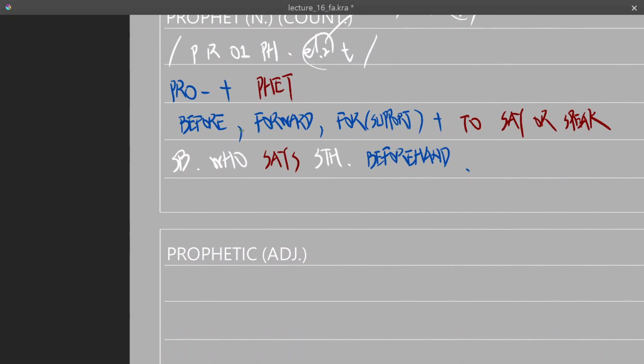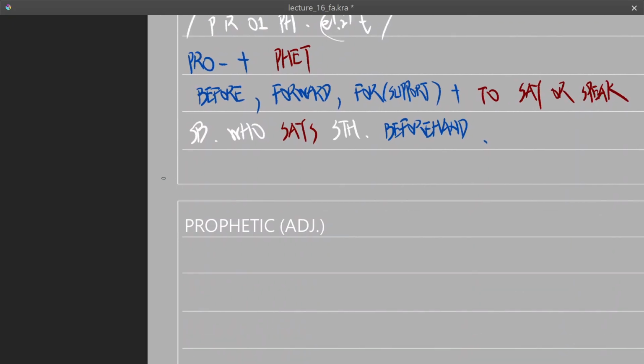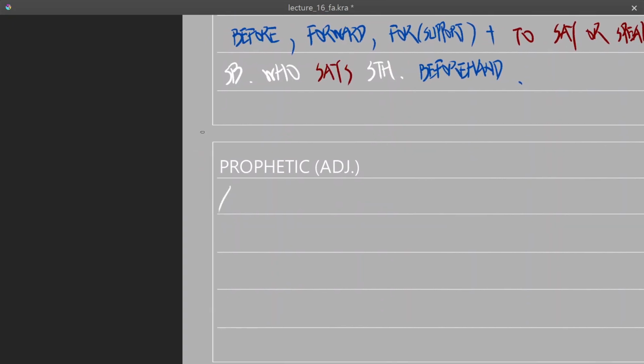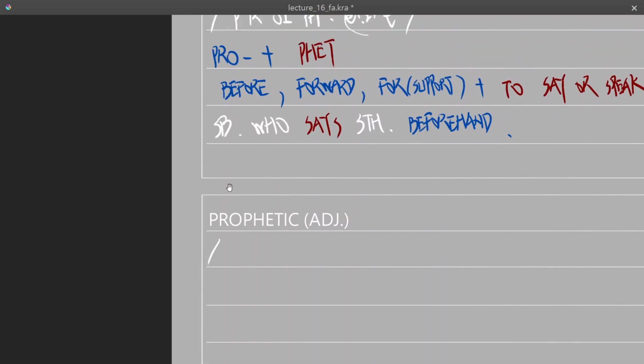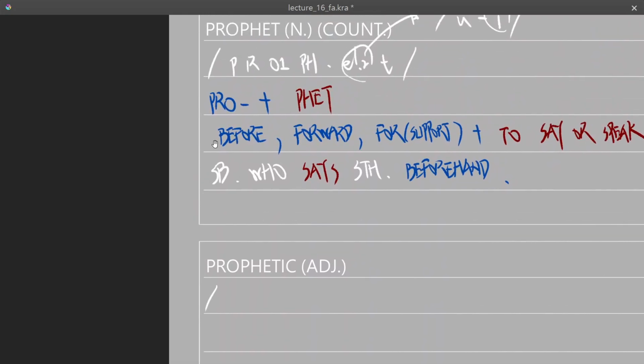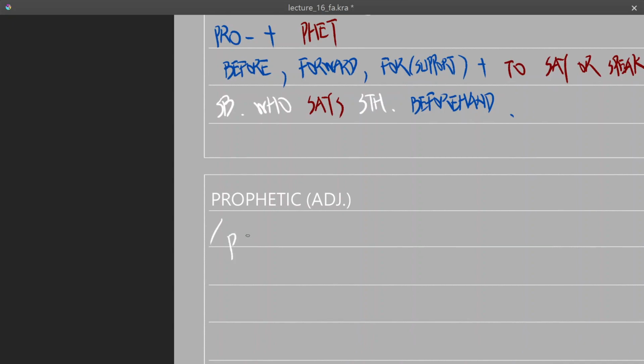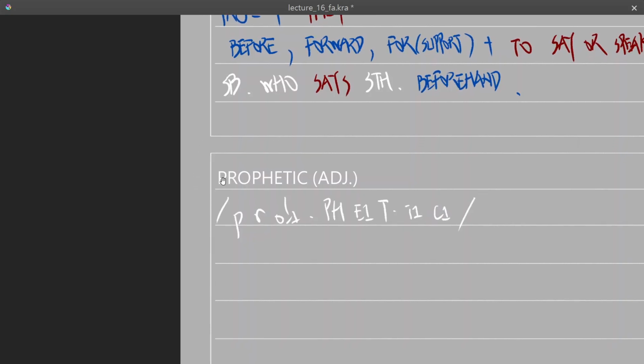Prophet. And we have prophetic. It's the adjective form of prophet. Prophetic.